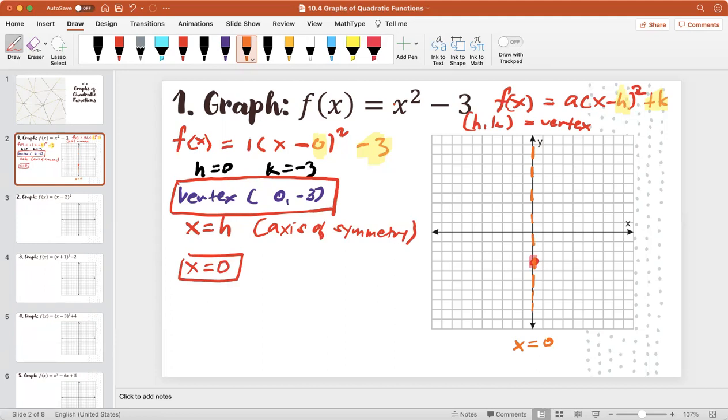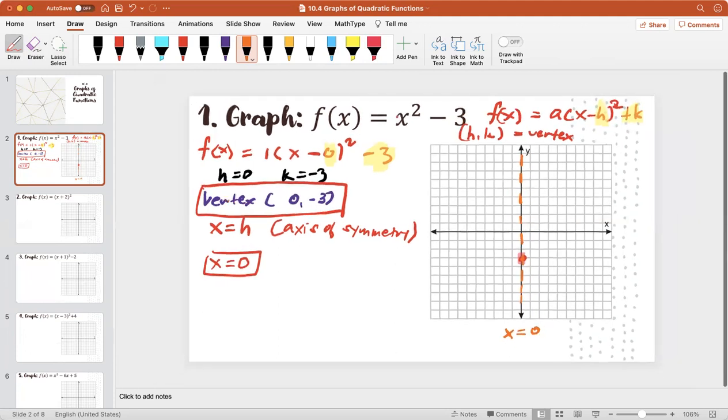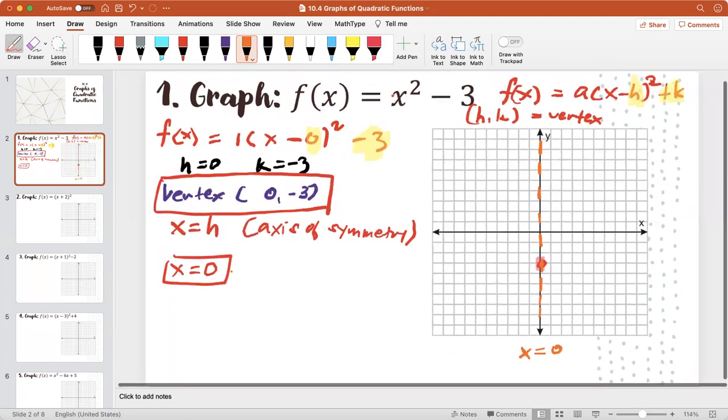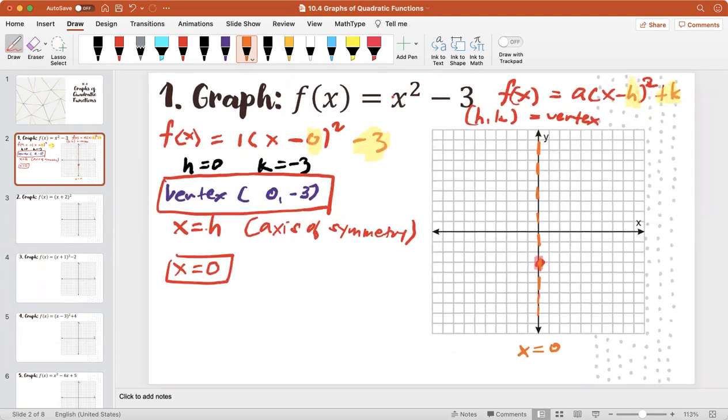Now we can find other points aside from your vertex. All right, so let's create a table of values after finding your vertex and your axis of symmetry, which is x equals h, and that's x equals 0.